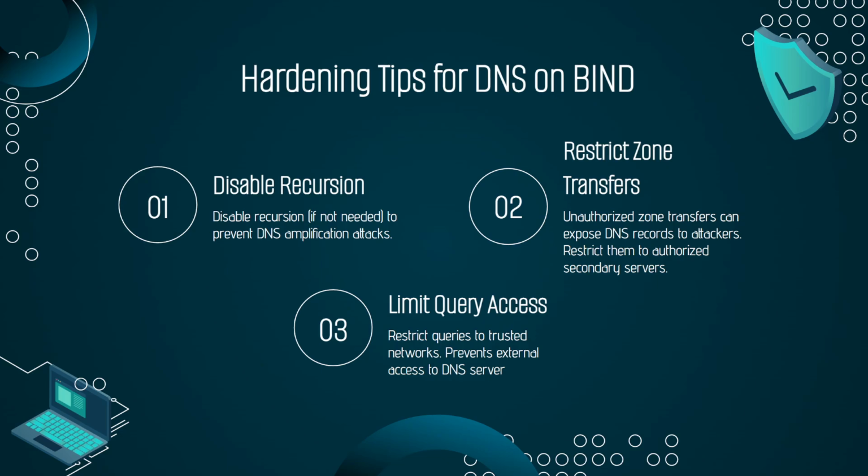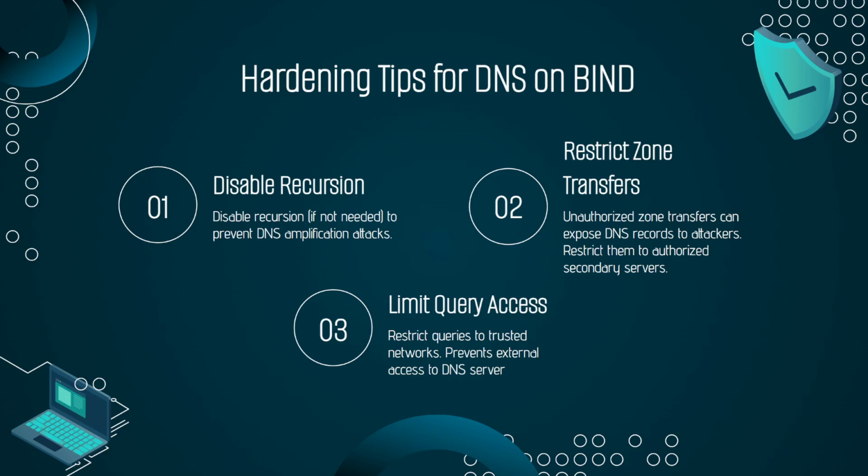Zone transfers should also be restricted to authorized secondary DNS servers, as unauthorized zone transfers can expose critical DNS records and provide attackers with valuable information about an organization's infrastructure. Lastly, limiting query access is very crucial.